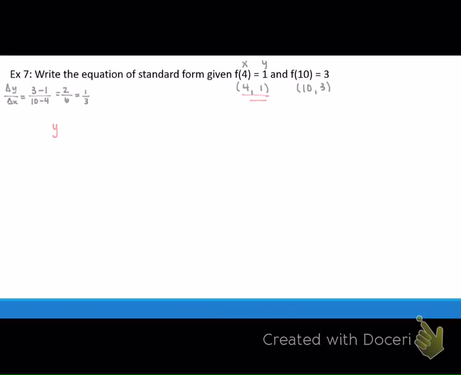Y minus 1 equals 1/3 times x. Again, keep things as fractions. It's much easier to clear a fraction than it is a decimal, because you can see the denominator. So Madison, what do I have to do here?